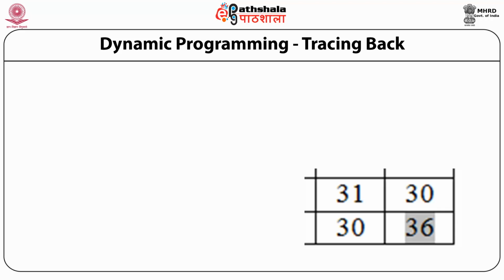Now trace back from the lower rightmost cell with a score of 36. Tracing back is always to that adjacent cell which has the highest number.